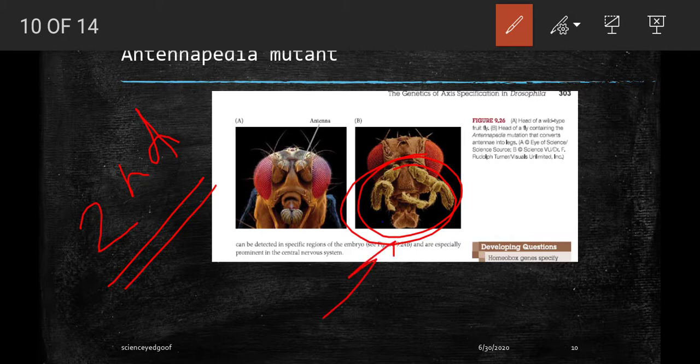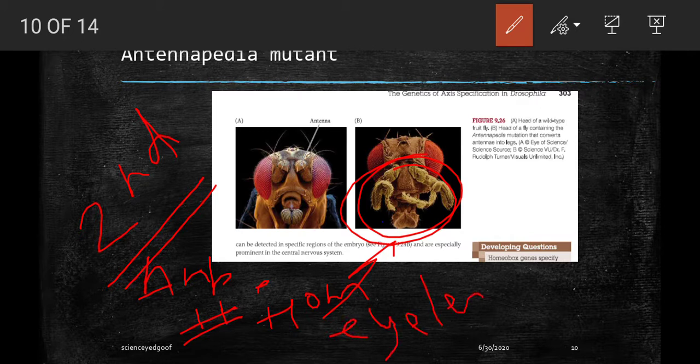One of the ways to explain this is that you have this Antennapedia protein. The Antennapedia protein will go and bind to two enhancer genes, which are the homothorax gene and another gene called the eyeless gene. This Antennapedia protein codes for transcription factors, and these are very important for the formation of the antenna as well as the eye.